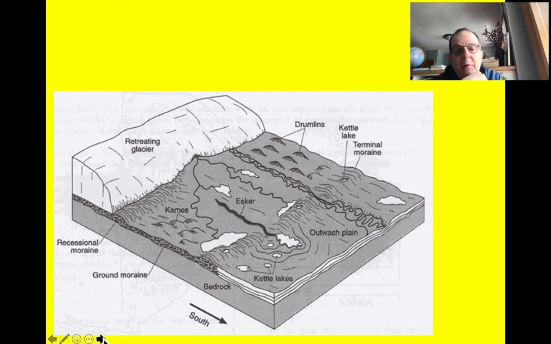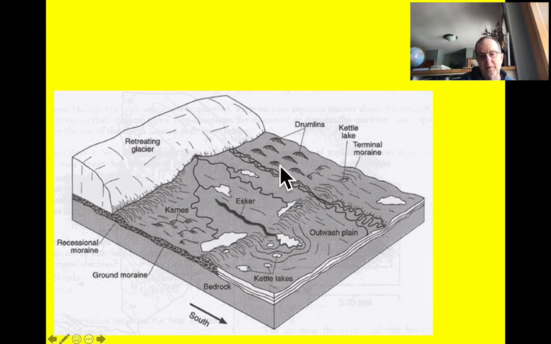Here's this from the review book, just some basic glacial forms. You have what are called kettle lakes, these lakes left behind, formed by ice that was left behind and created depressions that were then filled with water and sealed with clay. The esker, the stream that's running under the glacier moving sediments.